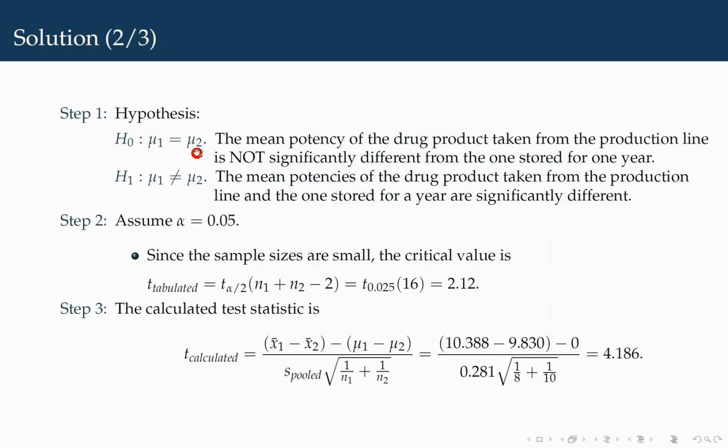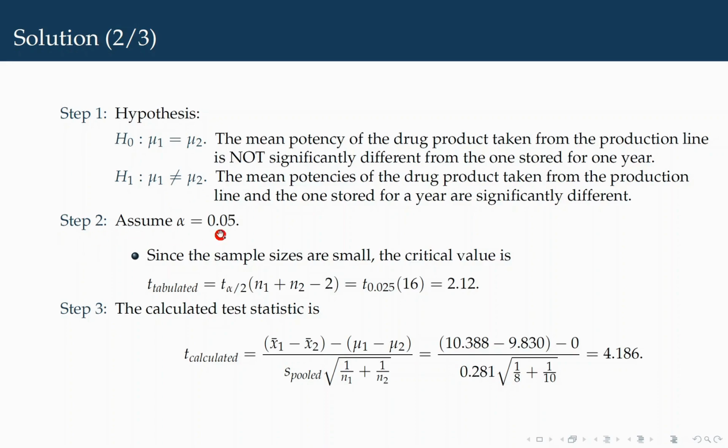Therefore, if this null hypothesis holds true, that means storing for a period of 1 year doesn't have an effect on losing the potency of the drug product. And the alternative is mu1 is different from mu2, which means the mean potency of the drug product taken from the production line and the one that's stored for a period of 1 year are significantly different.